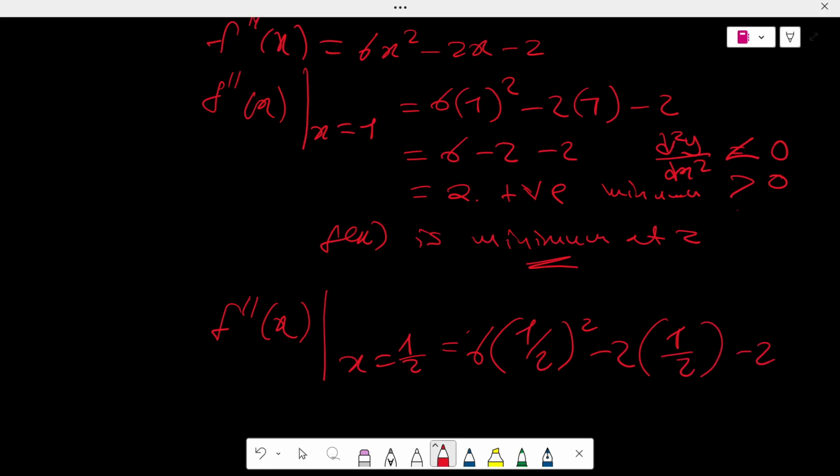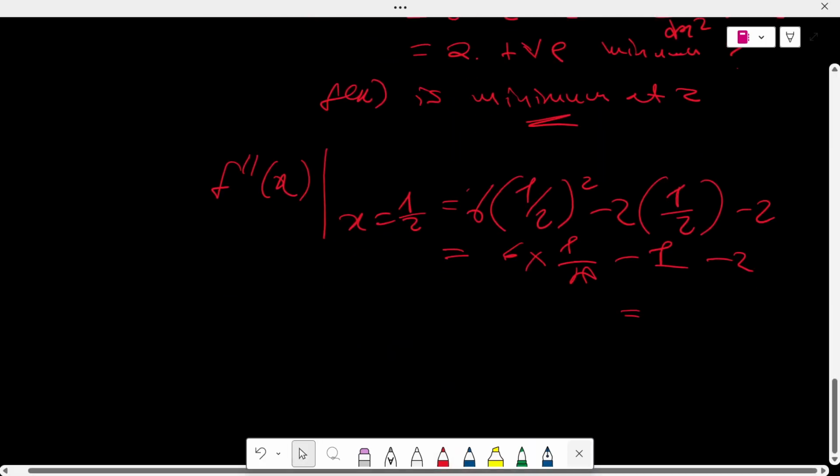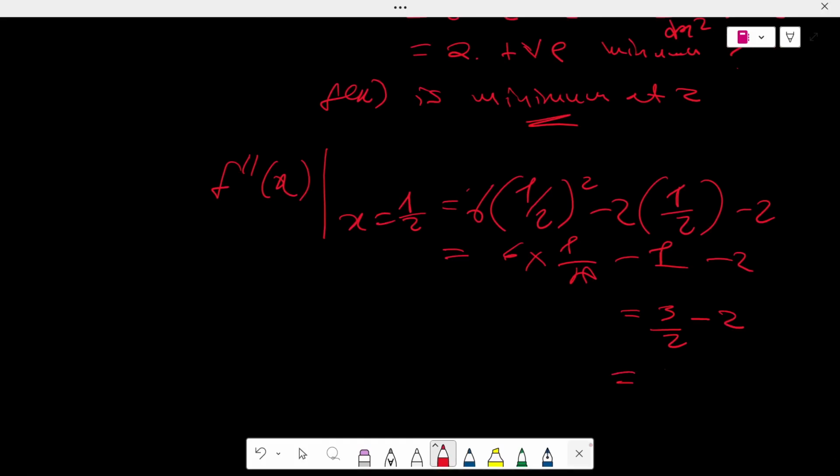So here, we're going to have 6 times 1 over 4 minus, this will be 1, then minus 2. So this will be 3 over 2 minus 2. So remember, this is 1.5 minus 2. Definitely this will be negative.